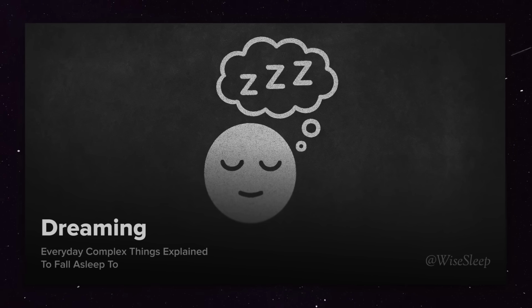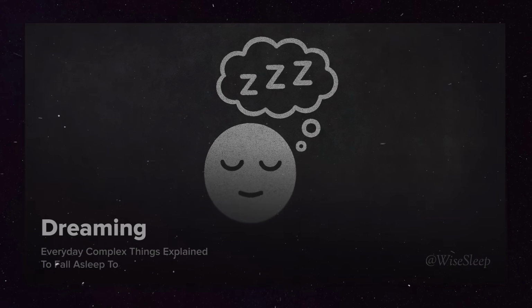What's clear is that dreaming is a normal part of sleep. It shows that even when you're unconscious, your brain is still working, running simulations and blending thoughts in ways that don't follow everyday logic. You're not just resting, you're experiencing, even if you don't remember it.